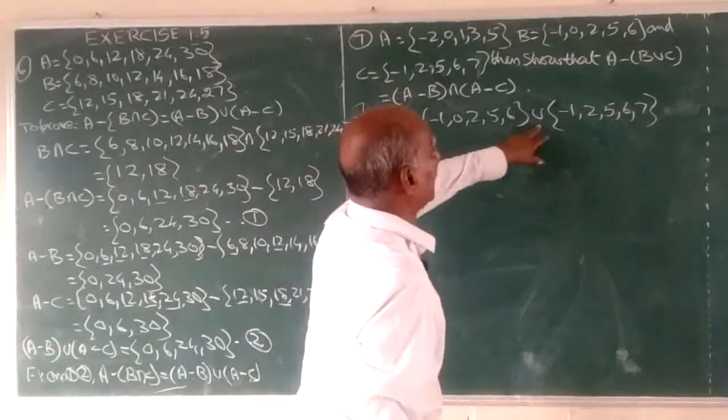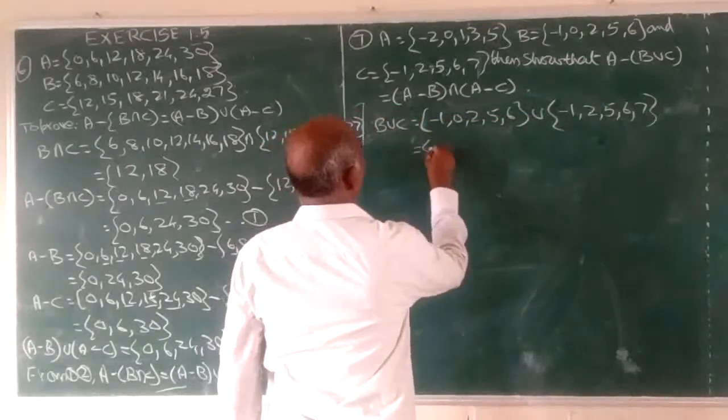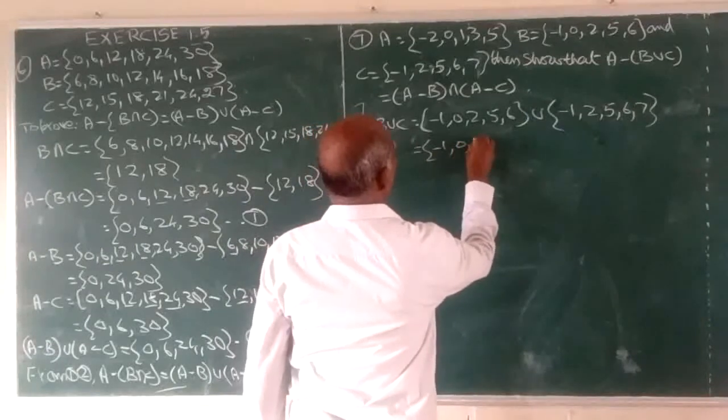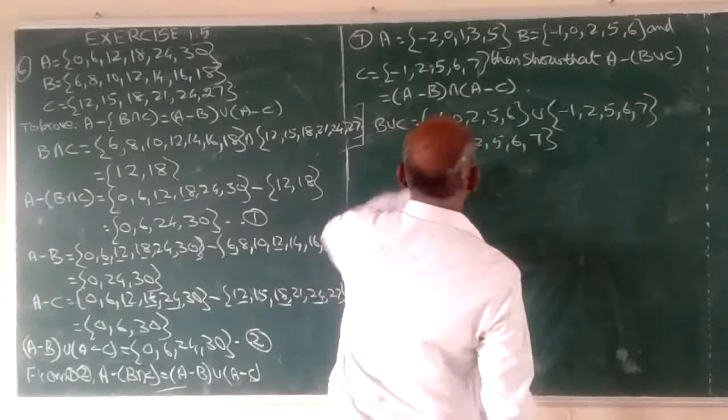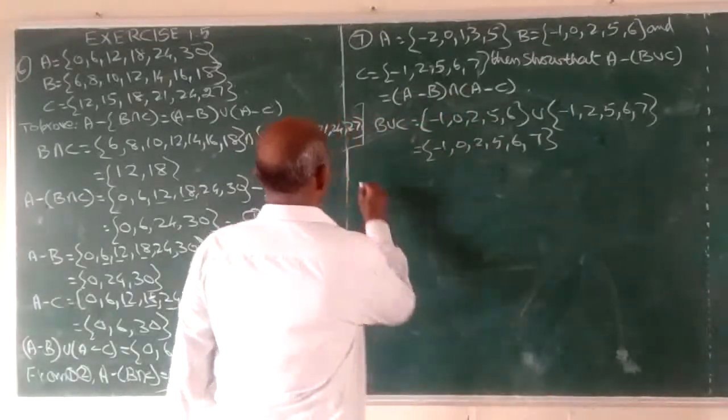Union means add all the numbers: -1 0 2 5 6 7. This is the union of B and C.